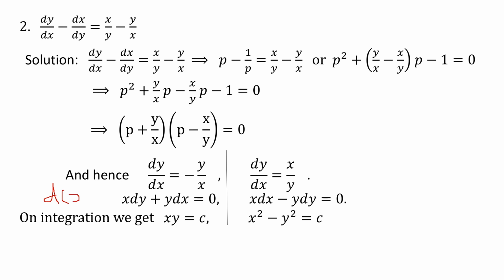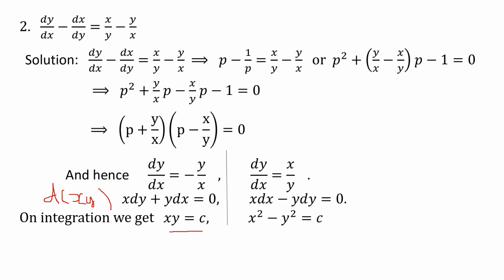So it is a direct derivative of xy. First function x into derivative of y, dy, plus second into derivative of first, y into dx. So x dy plus y dx is nothing but d of xy. Integrate on both sides, so we'll get xy is equal to c. That's how we got xy equal to c.